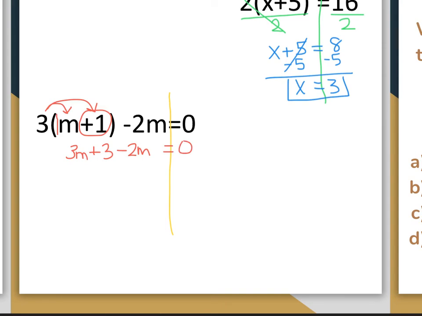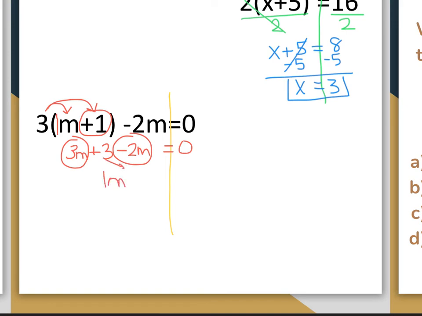Okay, now looking at what we have, on the left side, I see 2 different m terms. Well, we don't want it like that. We want to combine those like terms. So right here, we're going to have to combine these 2 terms. When I do that, 3m minus 2m will give me 1m.